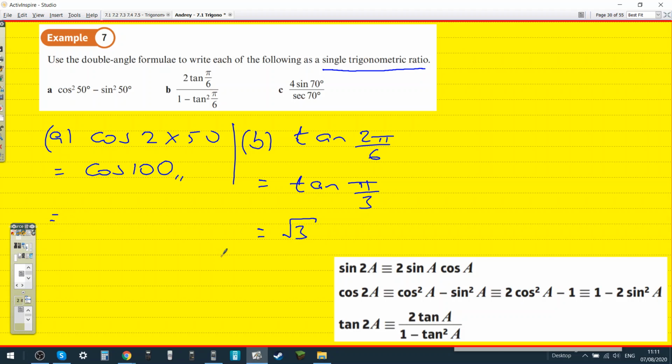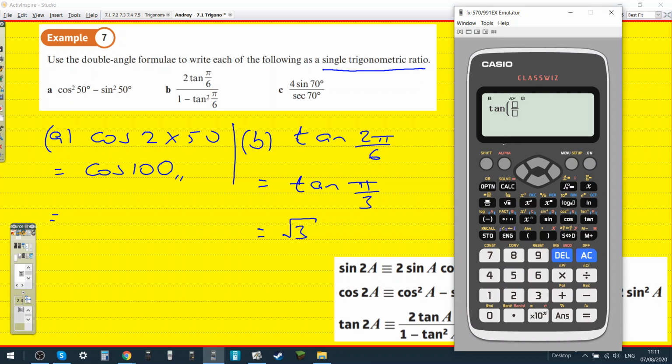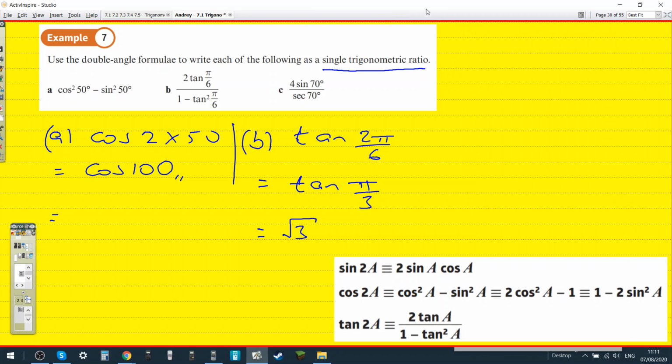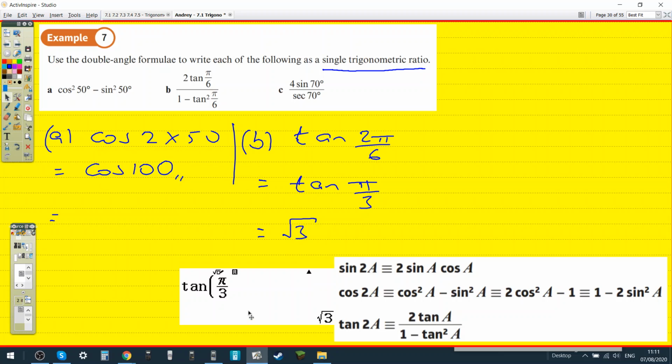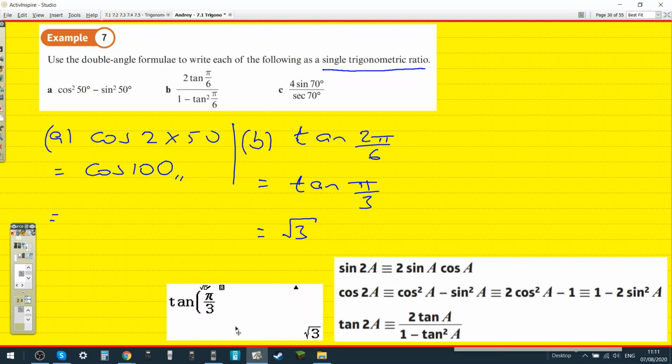We have to go back to degrees for that one. No, it gives a long number for cos 100. Okay, so it might even be the same. Part B, they asked for it as a trig ratio, and we gave it as just a number. Hey, I prefer root 3 to tan pi over 3, but anyway.